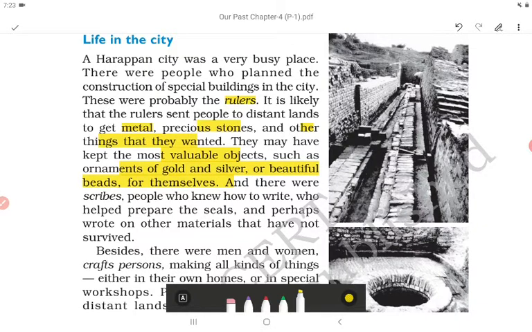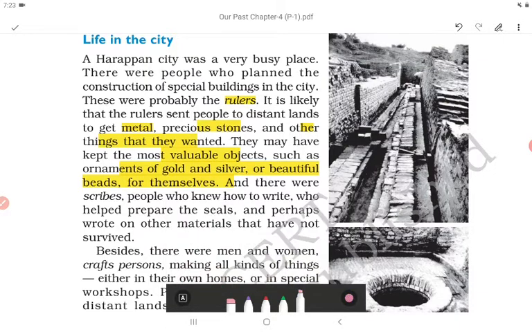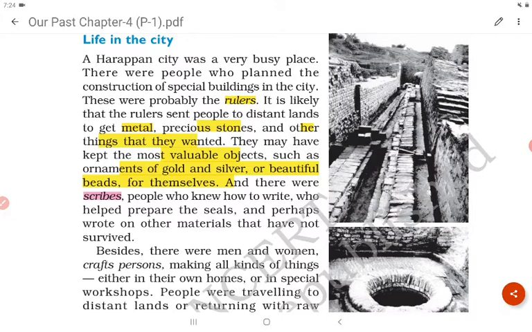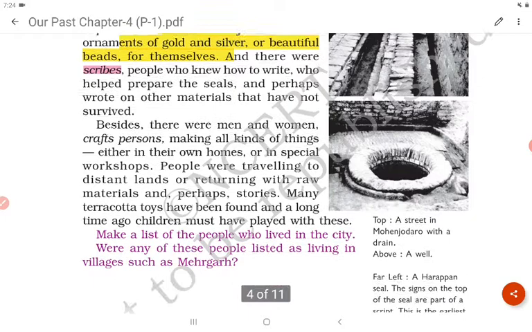And there were scribes, people who knew how to write, who helped prepare the seals and perhaps wrote on other materials that have not survived.